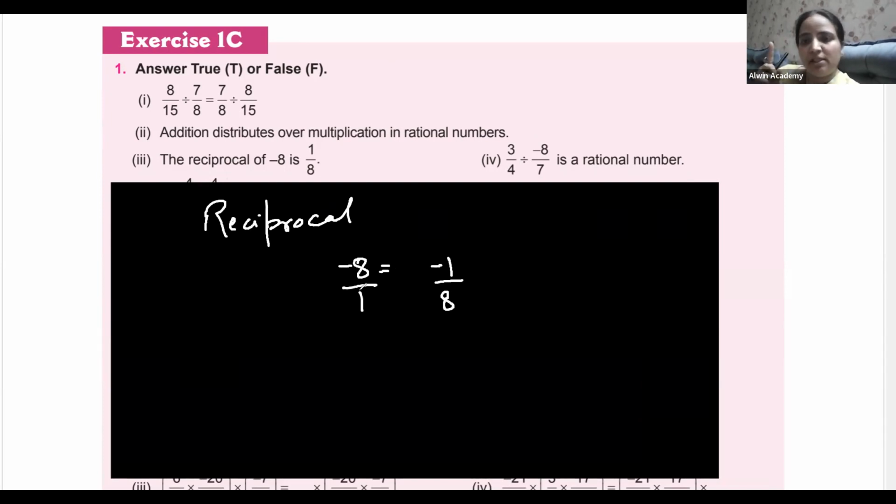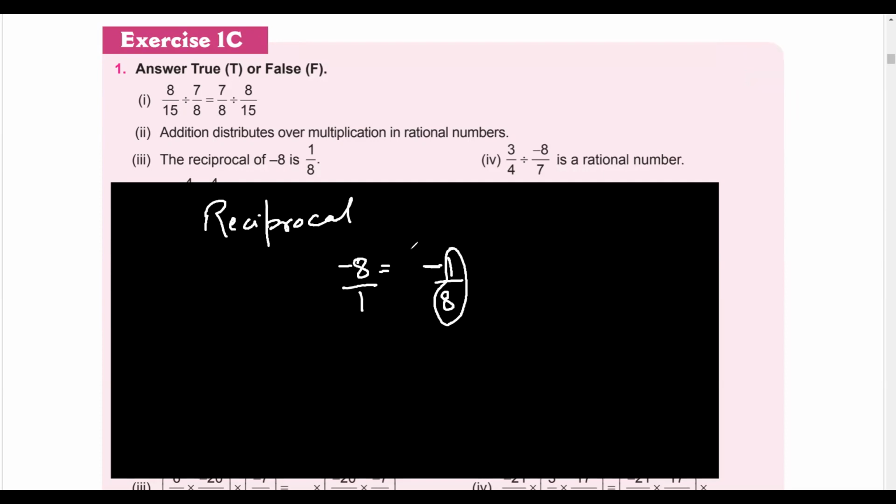Always remember, beta ji, that negative sign, consider it to be fixed with the numerator. Always keep it in mind that you are not keeping denominators negative. Right? So what I have done here is negative 8 by 1, I have only flipped the numbers. Negative sign stayed there. Getting it or not, bache?